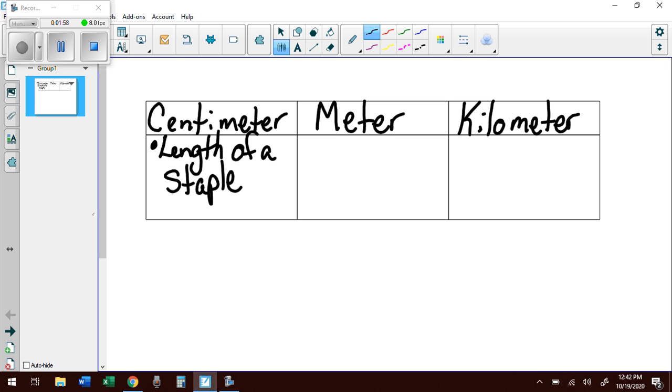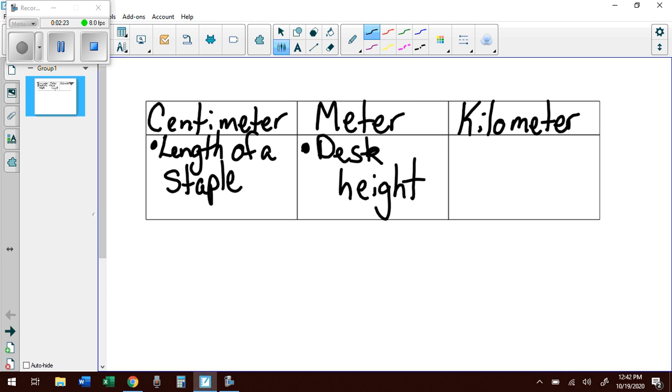Meters are like a yardstick. So picture something that's the height of your desk. Or how far you're supposed to stand away from somebody in line.